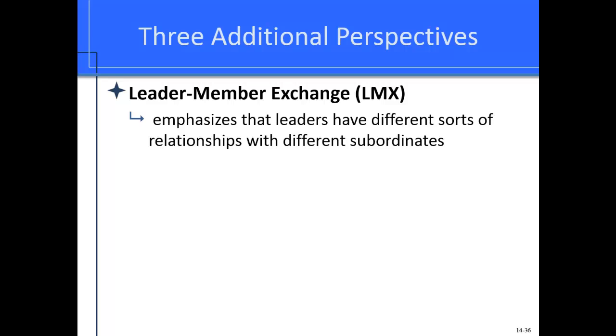Now we move into the last part of chapter 14, and that's the additional perspectives. There are 3 additional kinds of leadership that we'll briefly talk about, and they are the leader member exchange model. We also call this the LMX model, and it emphasizes that leaders have different sorts of relationships with different subordinates.